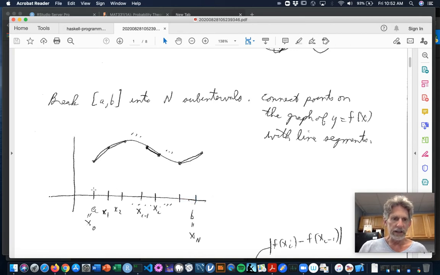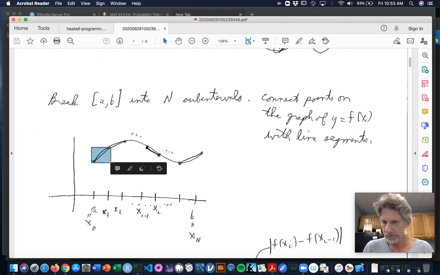And say in each of those little intervals, what you do is you go up to the curve above the left-hand point and above the right-hand point. Go to the curve, get those 2 points, and connect them with a little secant line. If you have a lot of intervals so that each of them is really tiny, then that secant line is not going to depart much from the curve itself.